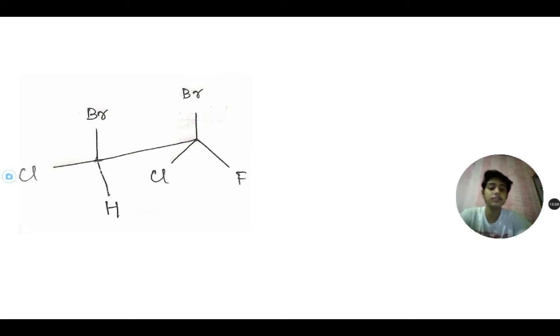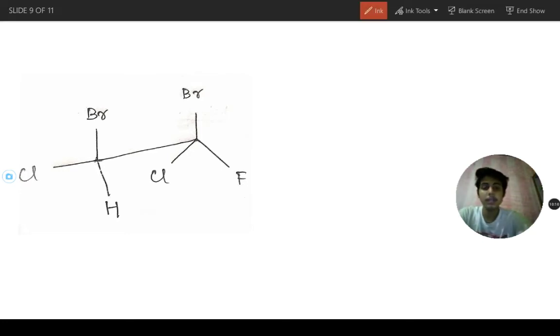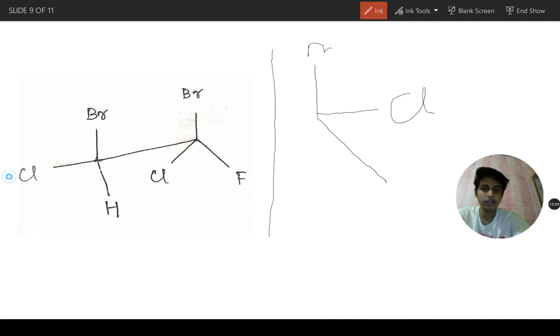See, this is one very good example. We try to draw its mirror image. Let's see how to draw its mirror image. The bromine is connected to the top and you can see the fluorine going outside.